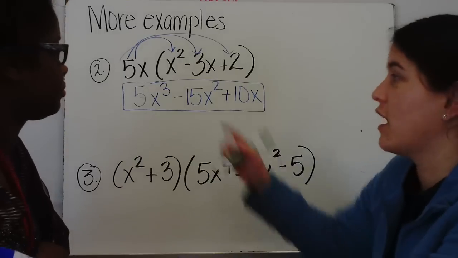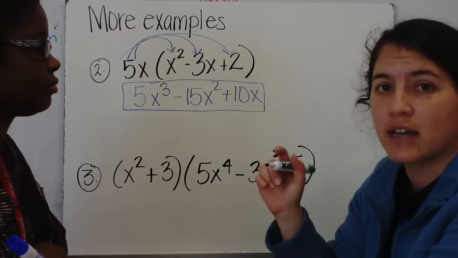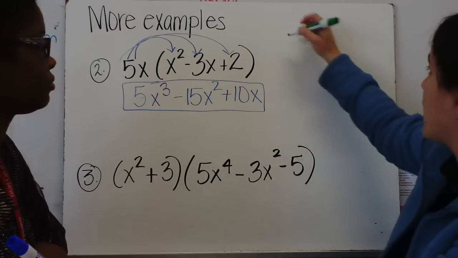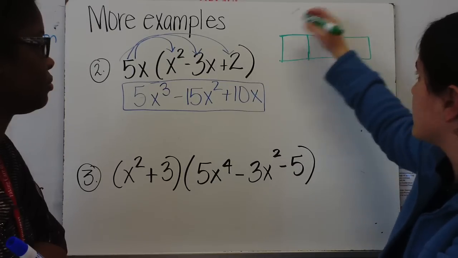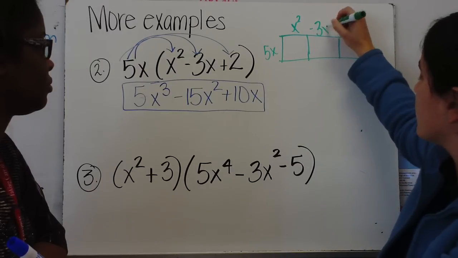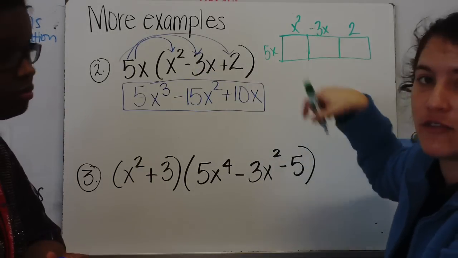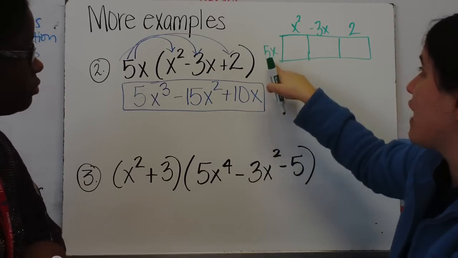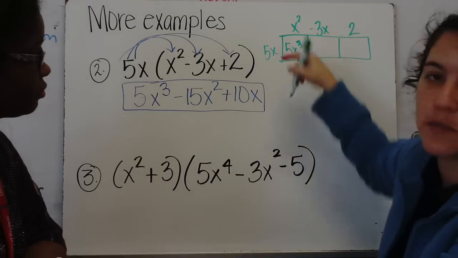And to do the box method, I have one term here, and I have 3 in my trinomial. So my box is not going to be a 2 by 2. It's going to be a 1 by 3, because I have one term here, and then I have 3 terms here. Notice I put my negative, because it was minus, I have to put my negative right there. And then we're going to multiply. 5x times x squared is going to be 5x to the 3rd power, like Ms. Barnes said.